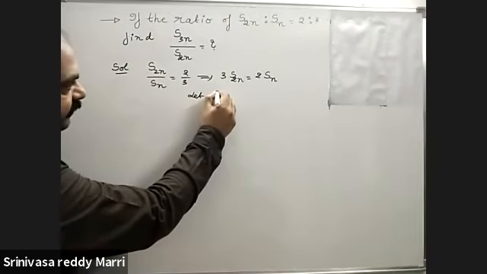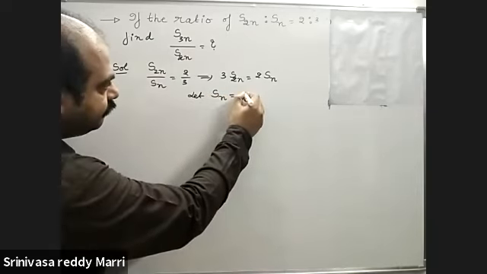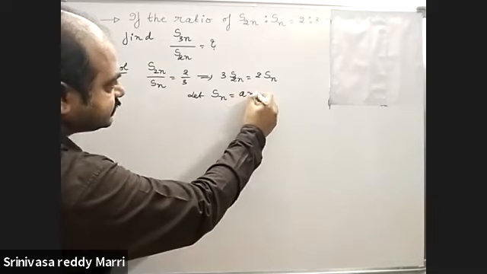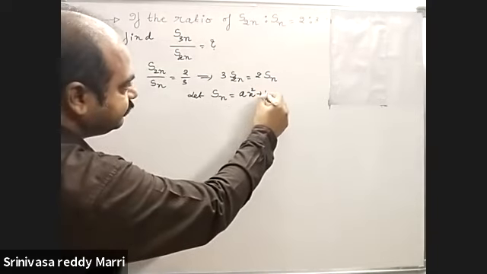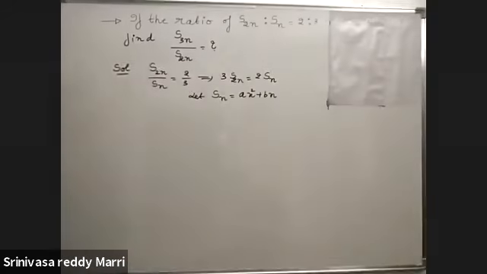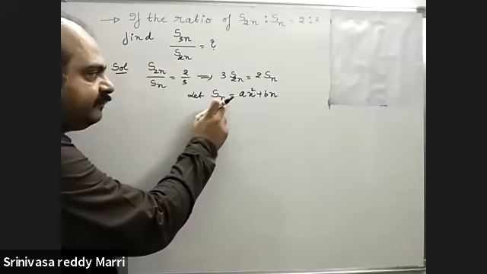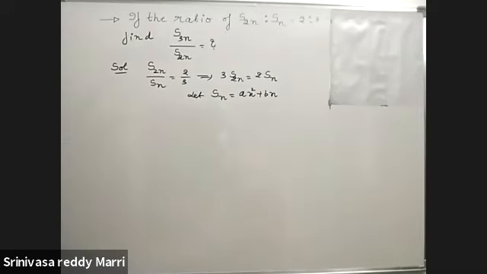For these types of problems, take the sum in this form. The sum of first n terms will always be of the form an square plus bn. For any AP, the sum of first n terms will be in this form.